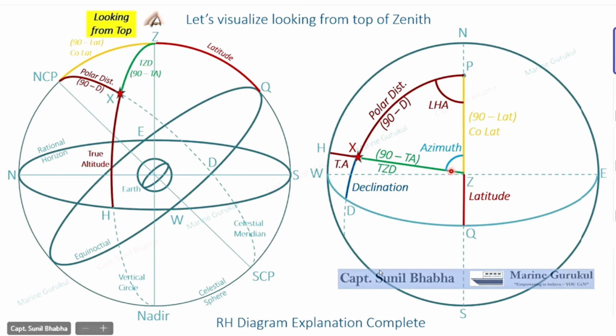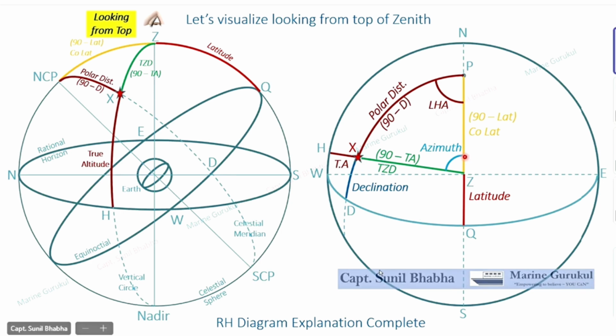Now the concept or fundamental behind these principles of navigation questions based on the rational horizon is that out of these 5 parts, some of the parts are provided to us in the question. The data in the question gives us the value of some of these parts and the remaining parts are to be calculated.